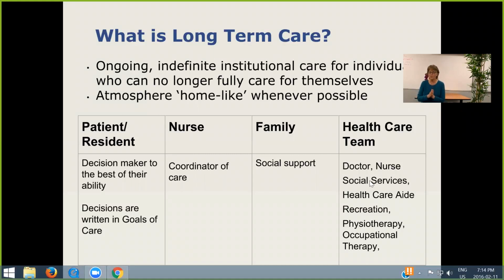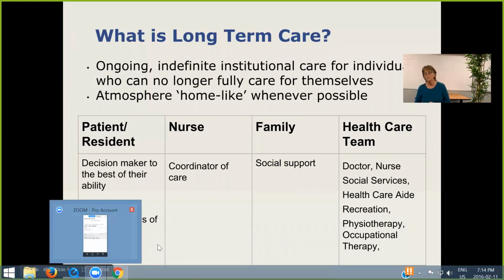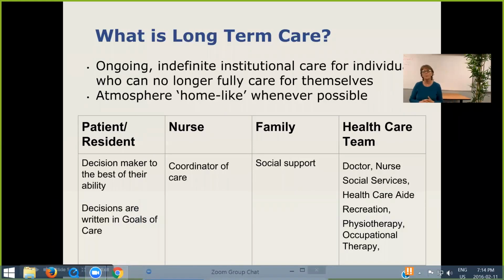And also, you'll notice here, healthcare aides. In long-term care, healthcare aides are pretty much the primary caregivers. They are the ones who do the actual hands-on care. If you work in long-term care, there'll be maybe one nurse and 5 healthcare aides working together.